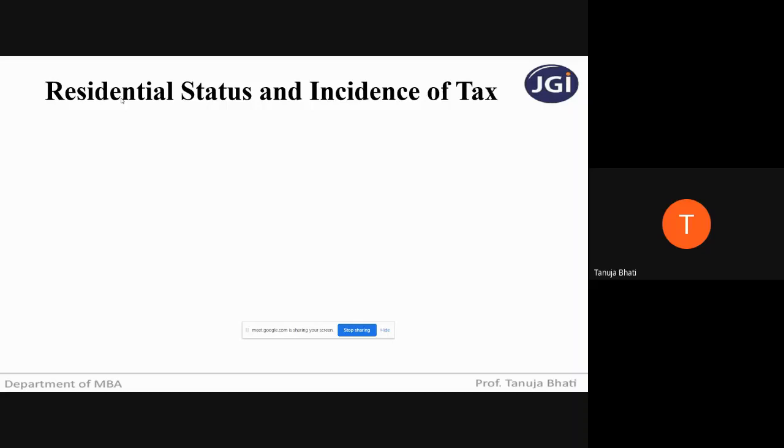So the tax incidence is different depending on the residential status. That is why we are learning this. Understand why we are learning each and every aspect under income tax, then it will become easy for you all. So let us see residential status and incidence of tax.